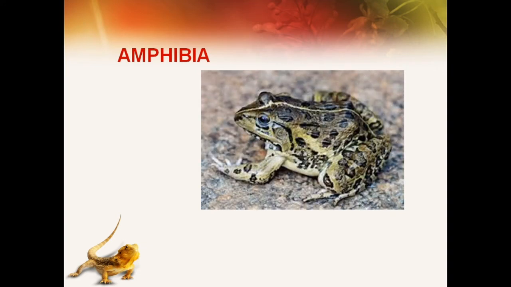Now, cutaneous respiration in amphibia. In amphibia like frog, the skin is much more thin, moist, slippery and loosely attached to the body. It is highly vascular and acts as the most important respiratory organ in water, air and even in the diapause state, meaning in summer sleep and winter sleep, also called estivation.